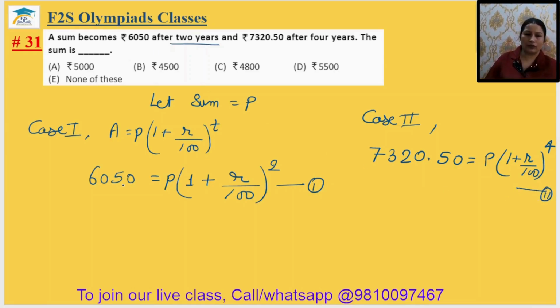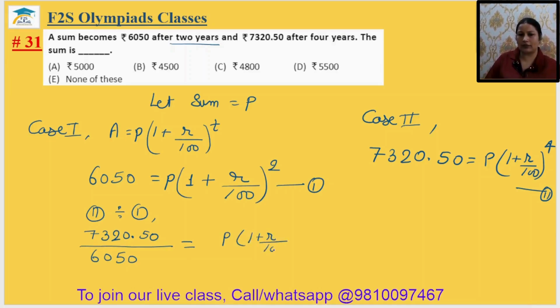So we will get, on dividing 2 by 1, 7320.50 upon 6050 equal to P into 1 plus R by 100 to the power 4 divided by P into 1 plus R by 100 to the power 2.